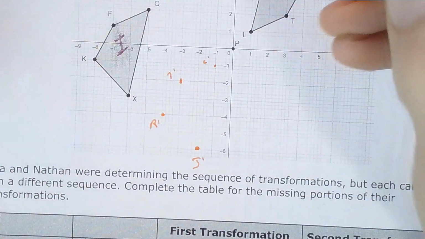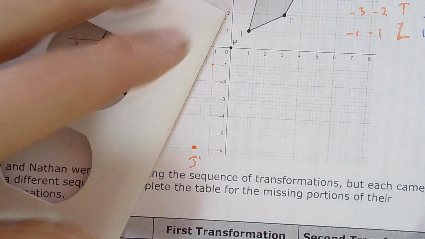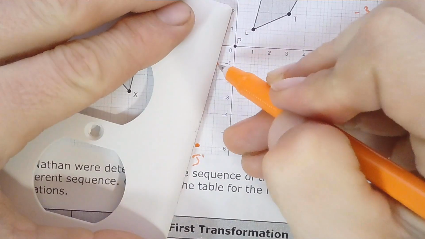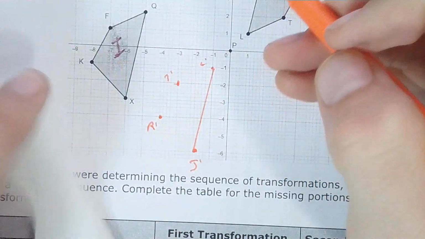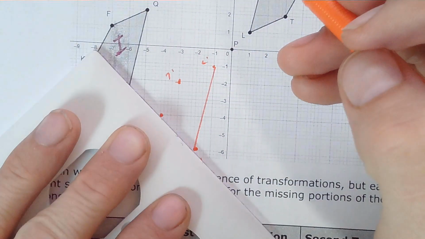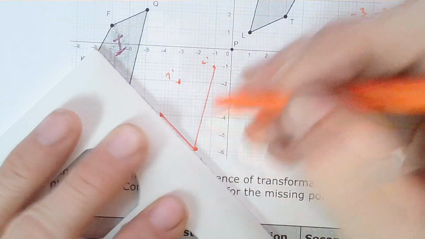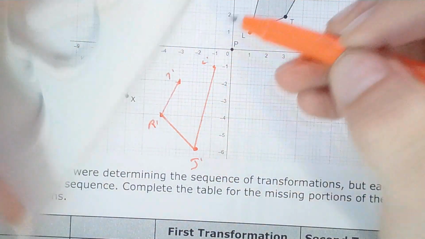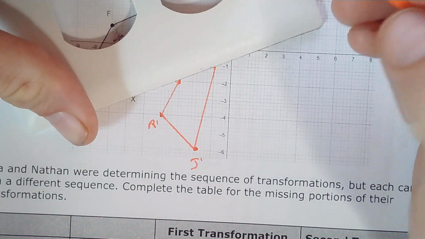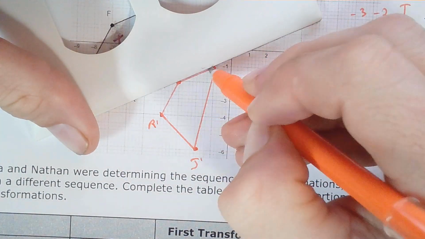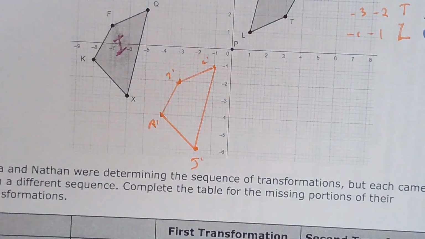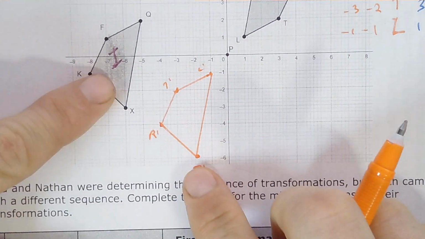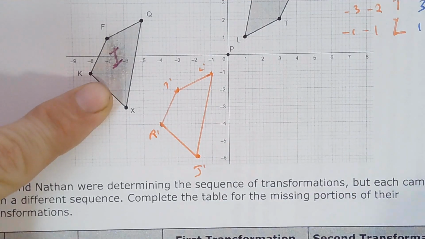That's L prime. Connect the dots. Okay, so it's rotated. Looks like it's oriented the same as these two. And now I have to move it.